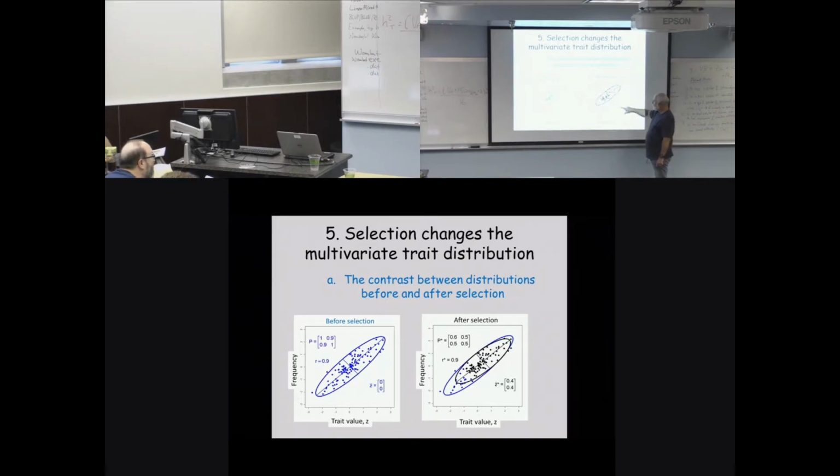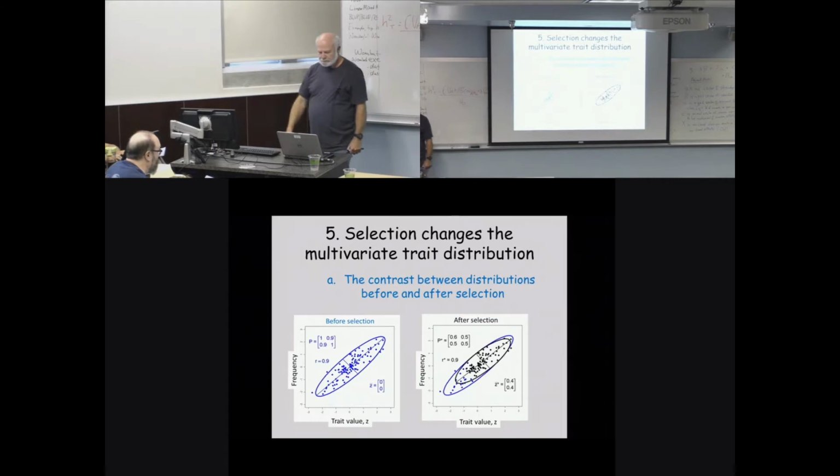To 1 would be 100%. Okay, and so here's our distribution. And it now has a slightly tilted axis compared to what it was before. There's been a contraction in variance, quite a dramatic one, and a shift so that the covariance is strikingly less than it was before. Okay, but the correlation after selection is 0.9.